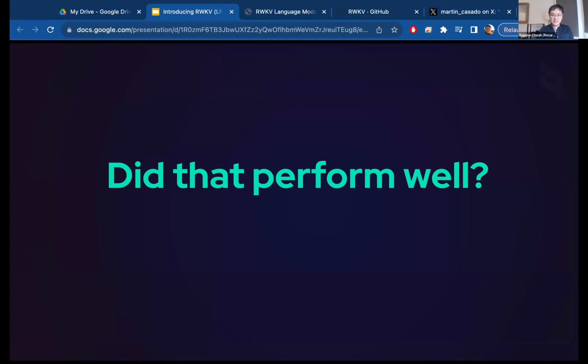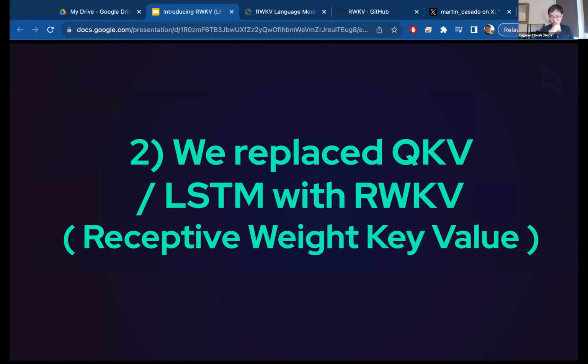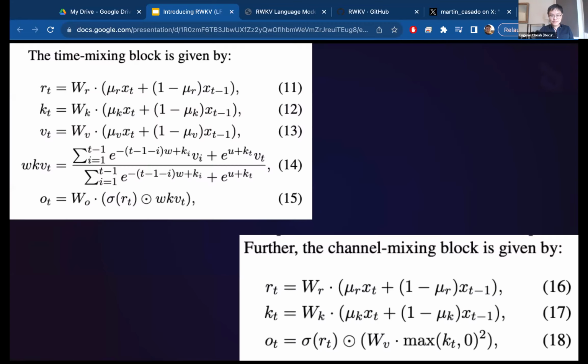The gotcha for this, which brings me to the second innovation of what RWKV did, is that when you remove that line in LSTM, the whole model completely falls apart. LSTM was designed to have that data flow, and to remove that data flow just means the model will not converge. So what we did is we replaced the QKV and LSTM with what we call RWKV.